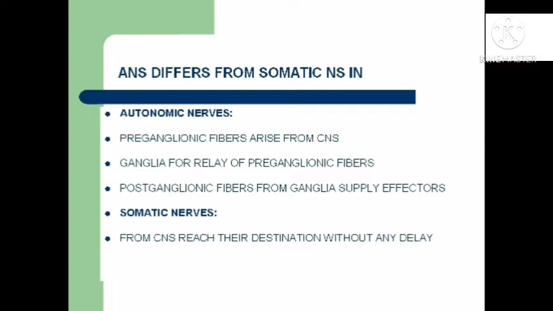The fiber after the ganglia is non-myelinated, and it is called postganglionic fiber. In the somatic nerve fiber, right from the CNS toward the effector organ, there is no ganglia in which it relays, and it reaches the organ directly as a myelinated fiber.